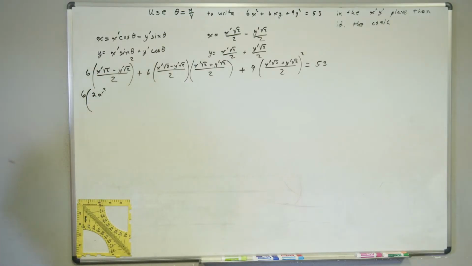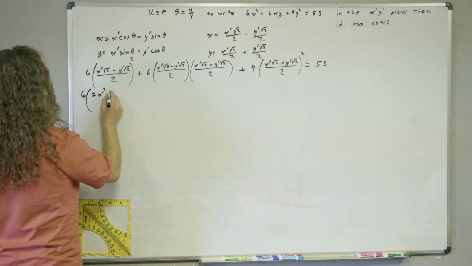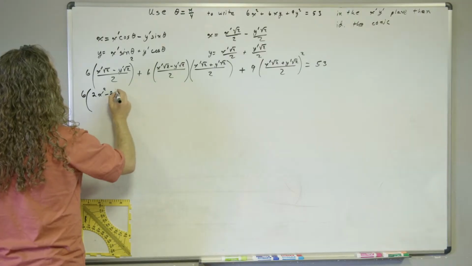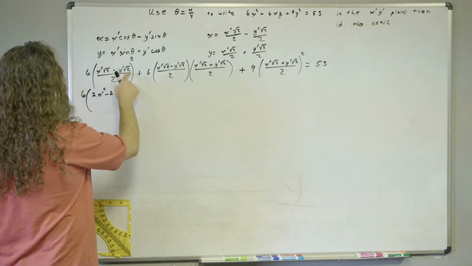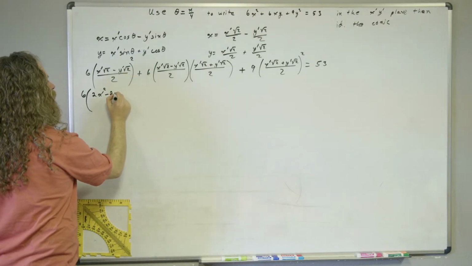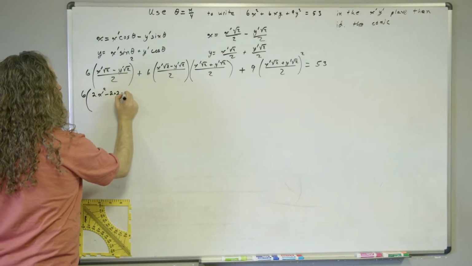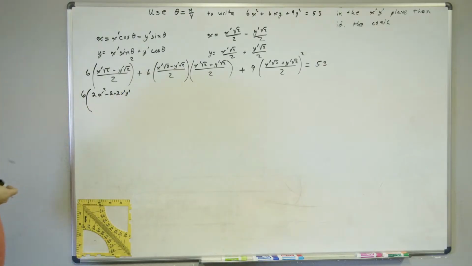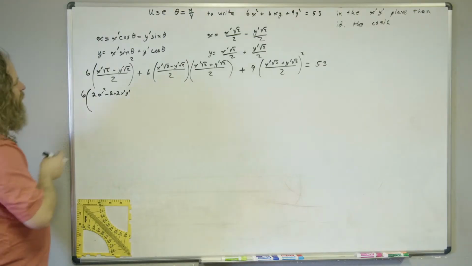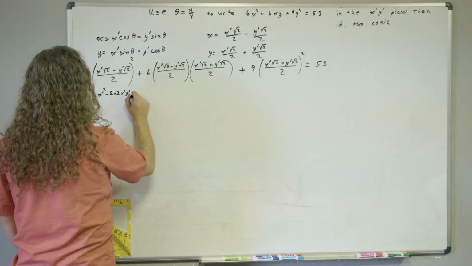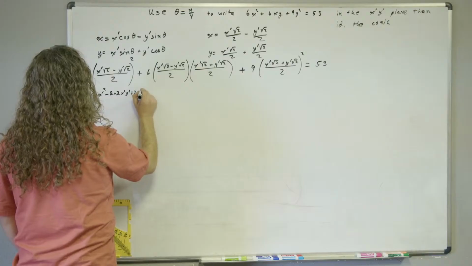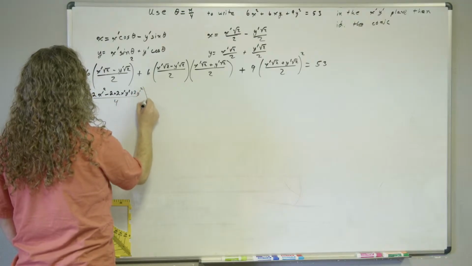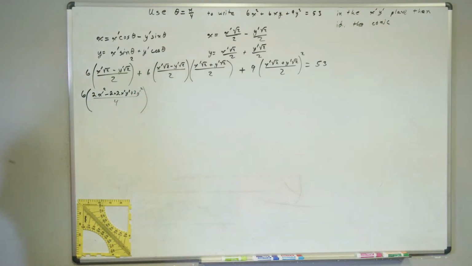And now we're going to add, plus 2 times, so minus 2 times square root of 2 times square root of 2, which is 2, times x prime y prime. And plus 2y prime squared over 4. 2 squared is 4.